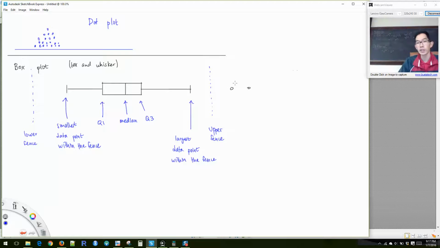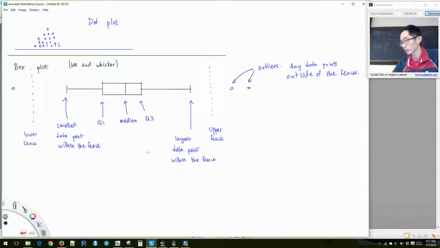Then out here, these are outliers. These are any data points outside of the fences. You can have outliers that are smaller than the lower fence, so you can have outliers on either side.